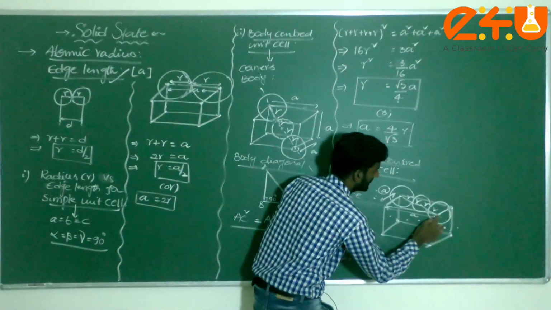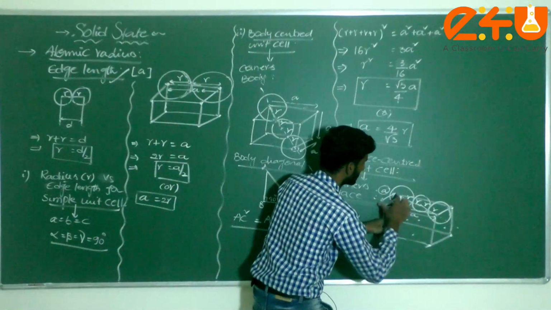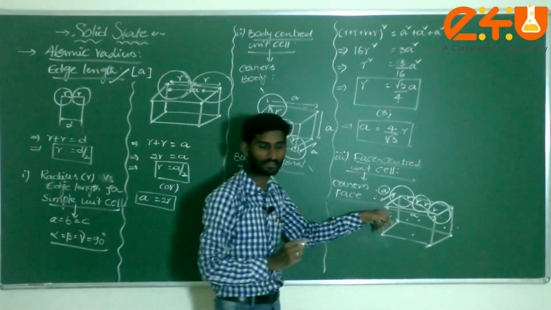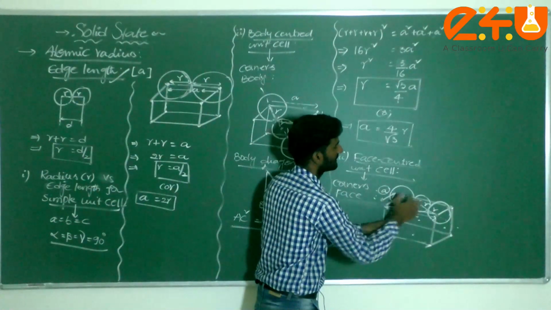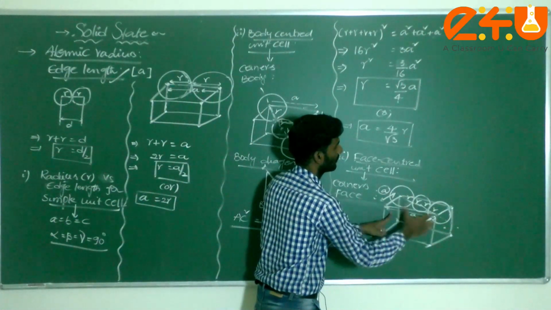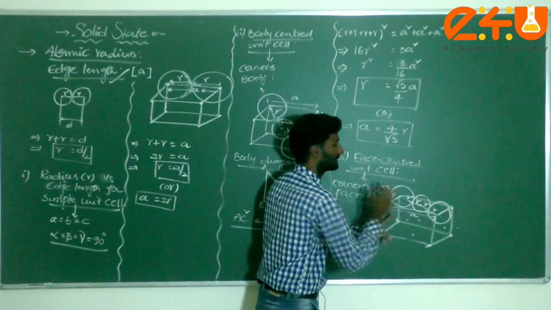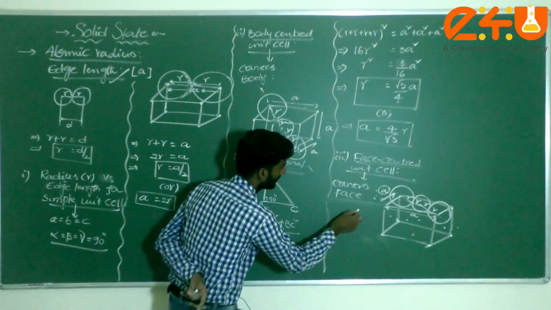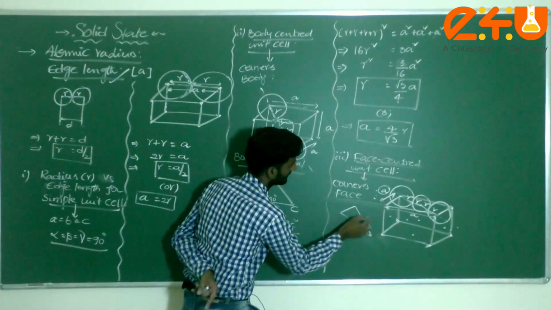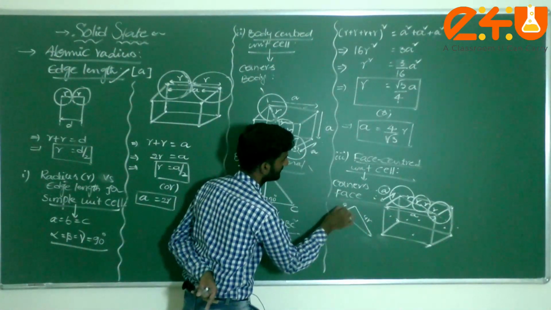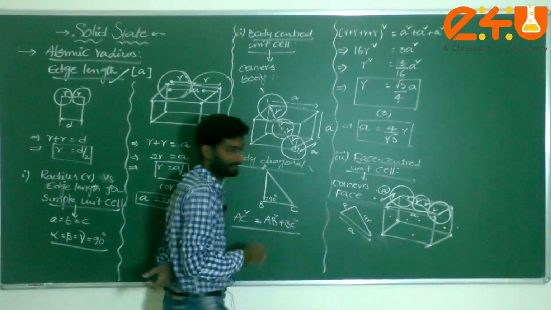This square is equal to the sum of this square plus this square. Am I correct or not? The square of this entire length from here to here is equal to the sum of this square plus this square. Am I correct or not? That means this is 4r, this is a, and this is also a, dear student.